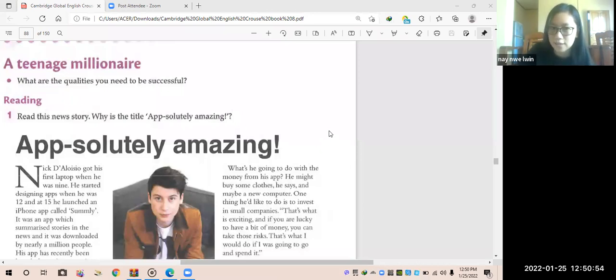Be thoughtful. Active. And any other qualities? Thoughtful. Yes. Idea and creativity. Yes, creativity. We also need to be genius. Being genius is something that we cannot choose, right? Genius, yes. And is there any other quality?